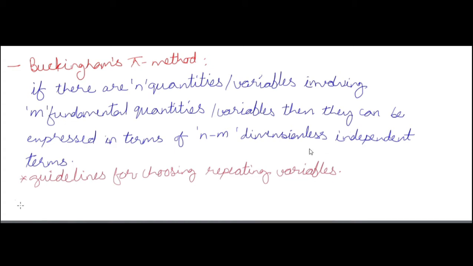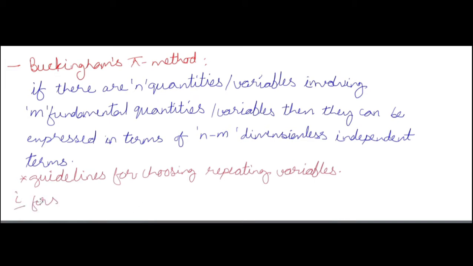Then these n variables can be expressed in terms of n minus m dimensionless independent terms. Now we will have three repeating variables, chosen from these n variables.